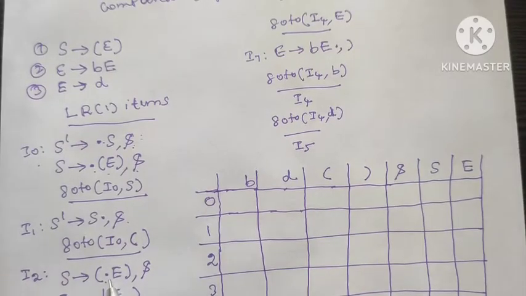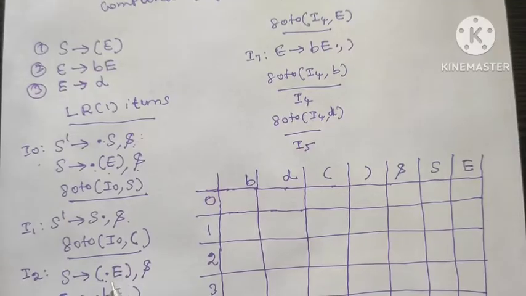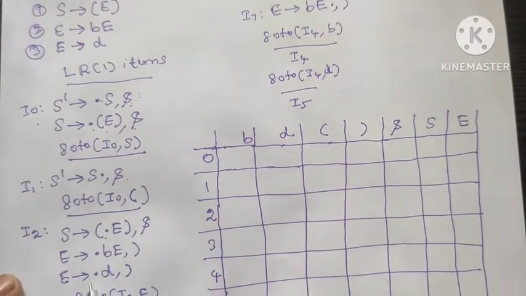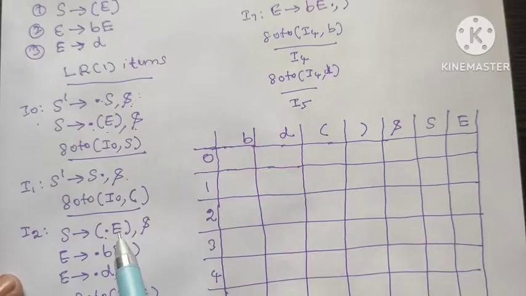Now since the dot is before a non-terminal E, find the closure operation. How to find the closure operation here? Introduce all the productions of E. E has two productions: E tends to dot BE and E tends to dot D. Now we have to find the lookahead symbol. The closure operation has been found for E, so B is E, beta is close bracket and a is dollar.